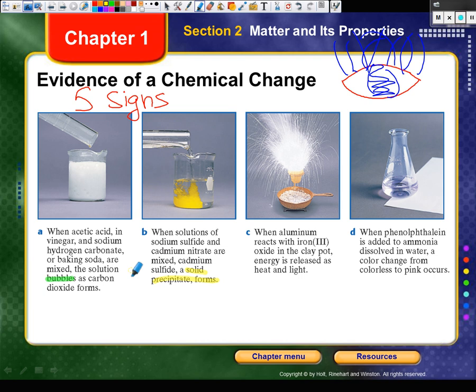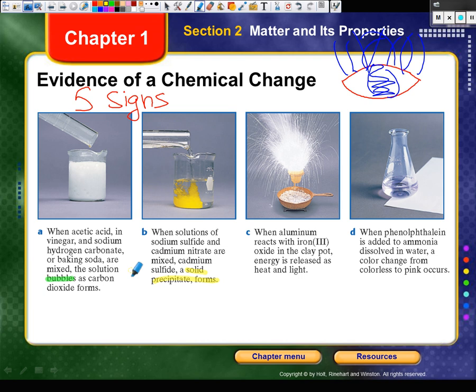It is very small, little baby, tiny particles that are floating around. How would I get those particles out of that solution? Give me a better word than strain. Filter it. You take a coffee filter and you pour it through a coffee filter and everything will be trapped in that coffee filter. So a solid precipitate forms, and we'll talk about how we get solid precipitates.